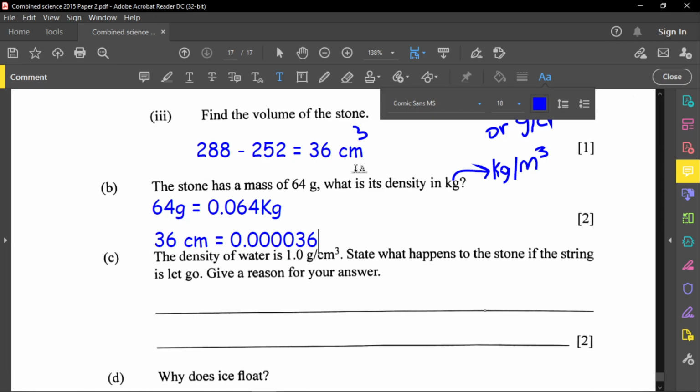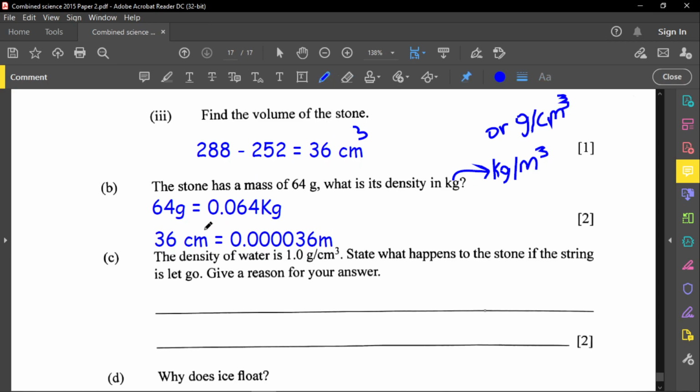Okay, and this is again in meters cube. So let's put the cubic on both of them. Okay, so the cubic will be here. This will be cubic. All right, so now we have that. Now what we can do now is to go ahead and do our density. Density is mass over volume. So mass over volume is density.